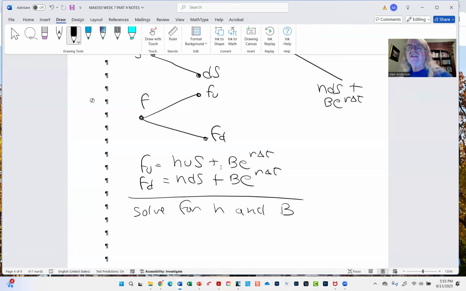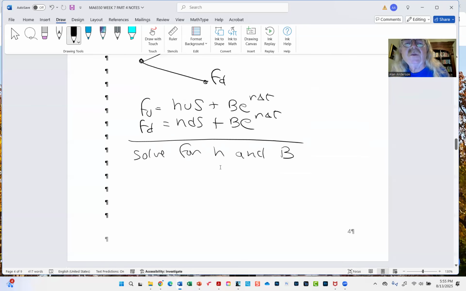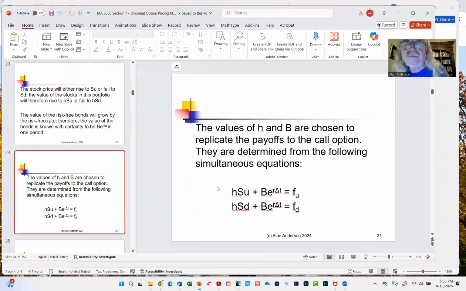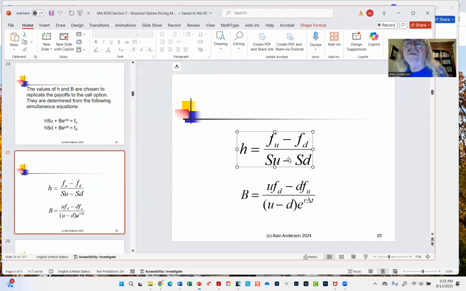Now, the way it stands right here, it's going to be a mess. I'm just going to jump ahead and show you what the results are. Yeah, let's speed things up.